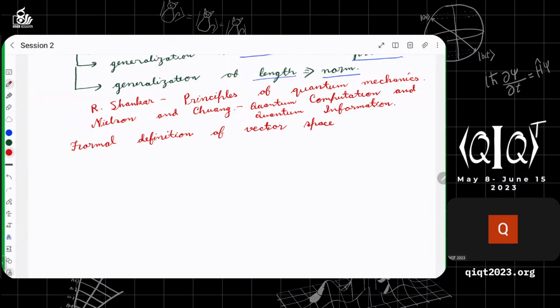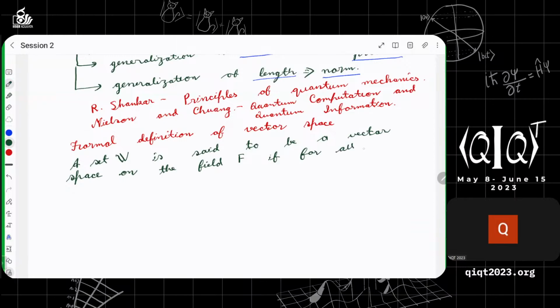Okay. So the formal definition is that a vector space is a subset V, and it is said to be defined on the field F, if the following conditions are satisfied.